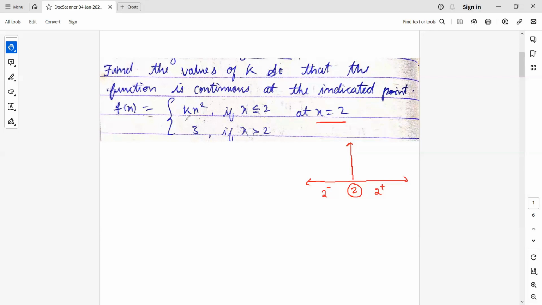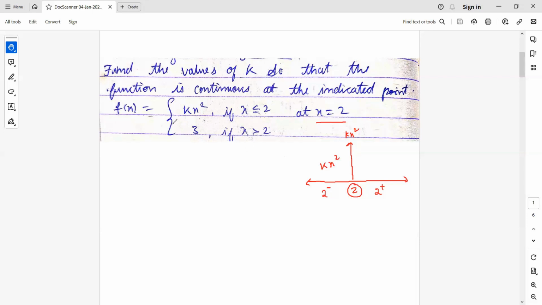When it is less than 2, the value of the function is kx square, and when it is equal to 2 also, the value of the function is kx square. So at equal to 2, I am writing the function is kx square, and at less than 2 also, the value of the function is kx square. Now we have the third definition for the function.